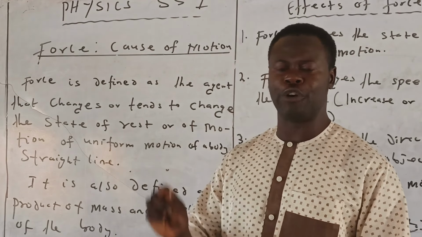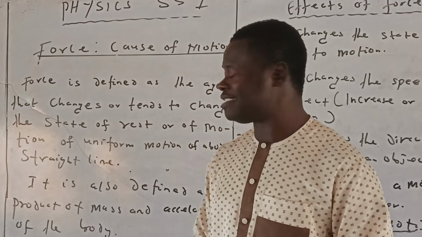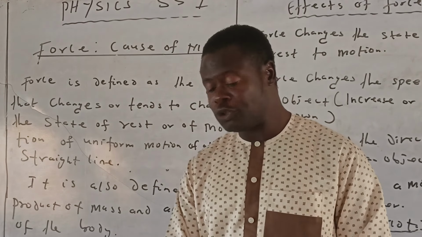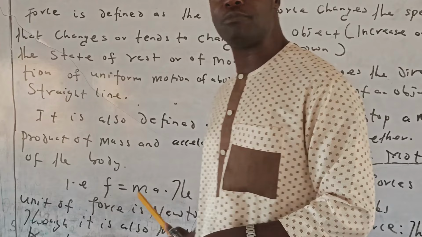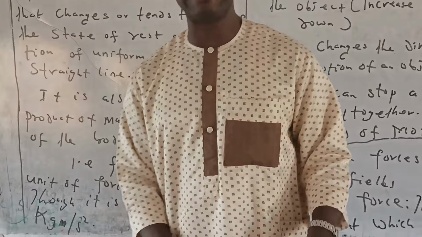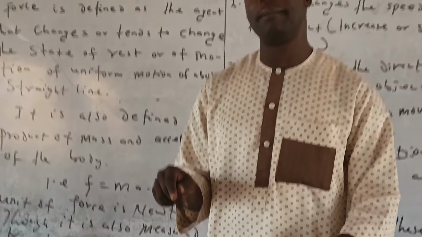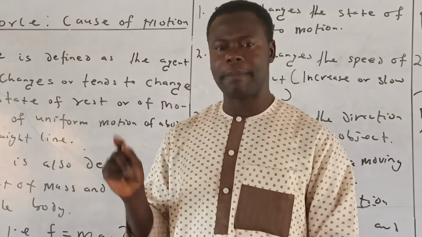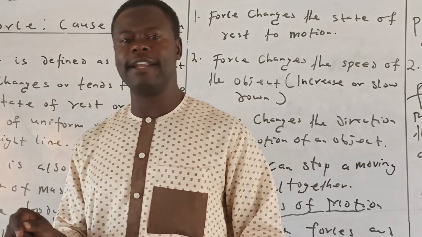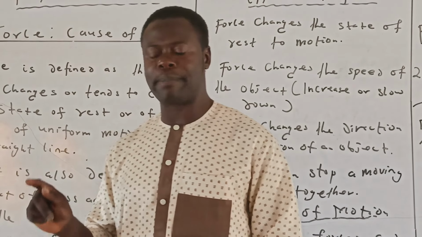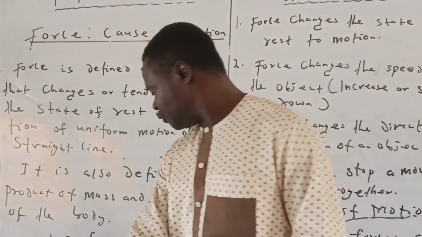The SI unit of force after calculation is Newton. We are supposed to use Newton since Newton is the internationally accepted unit. Also, we can write it as kilogram meter per second square, since mass is in kilogram and acceleration is in meter per second square. That's the correct unit.